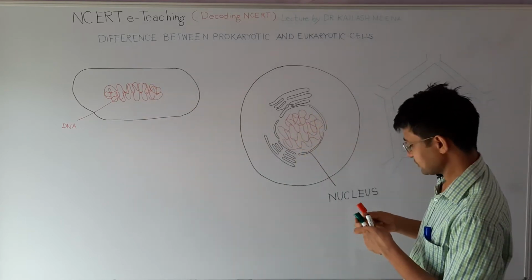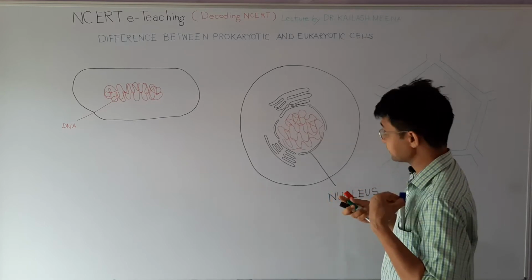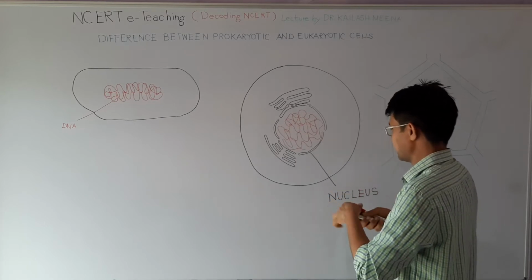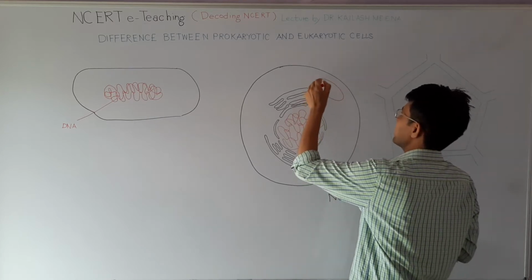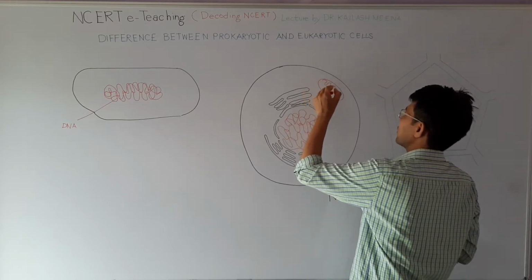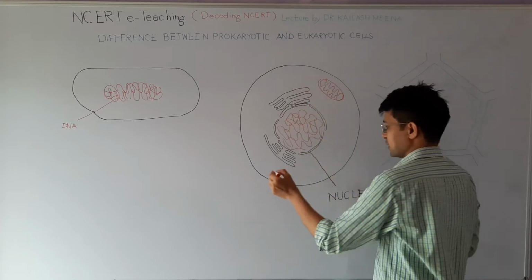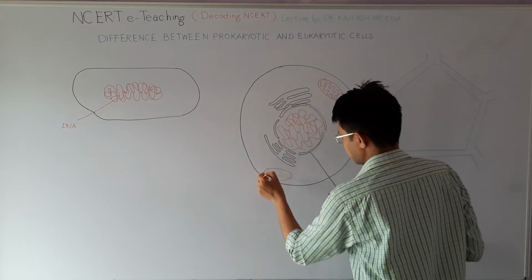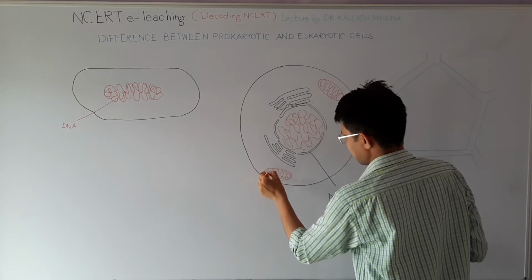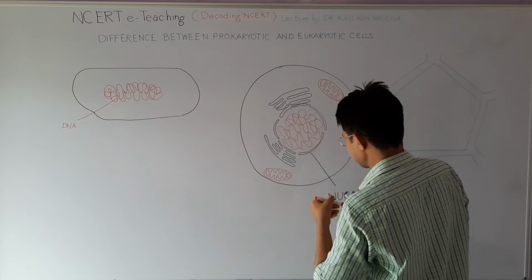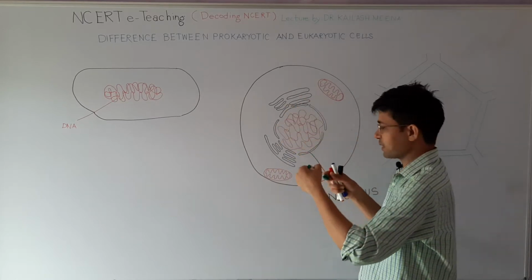Then, as we have discussed previously, eukaryotic cells have many membrane bound closed compartments, and they perform their essential tasks within these compartments. So in a eukaryotic cell we have compartmentalization. It means it has many different compartments for different functions.